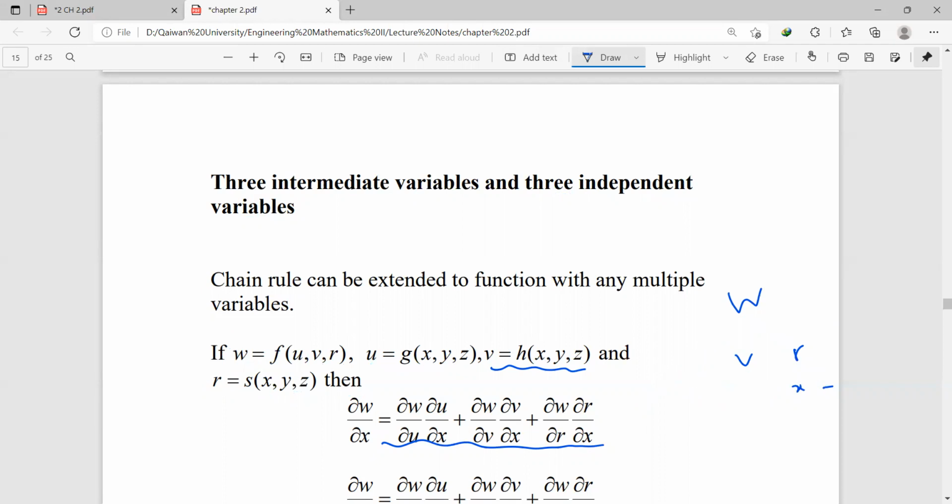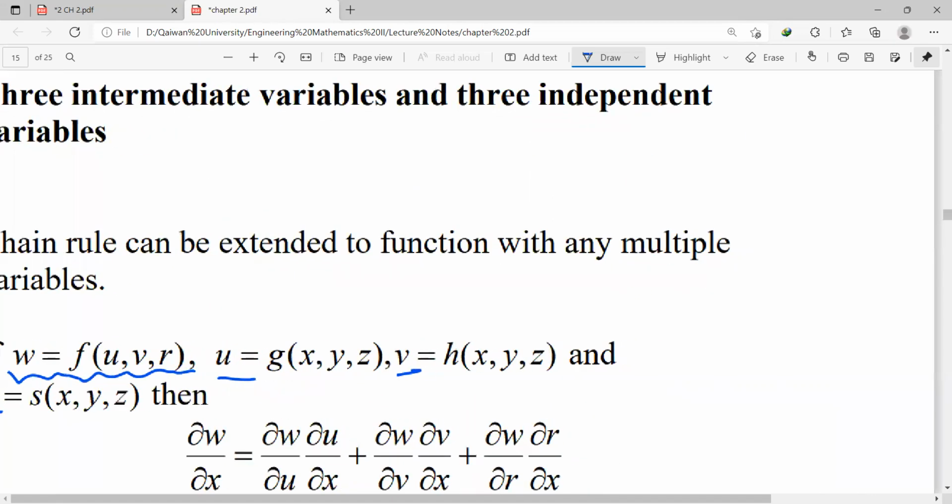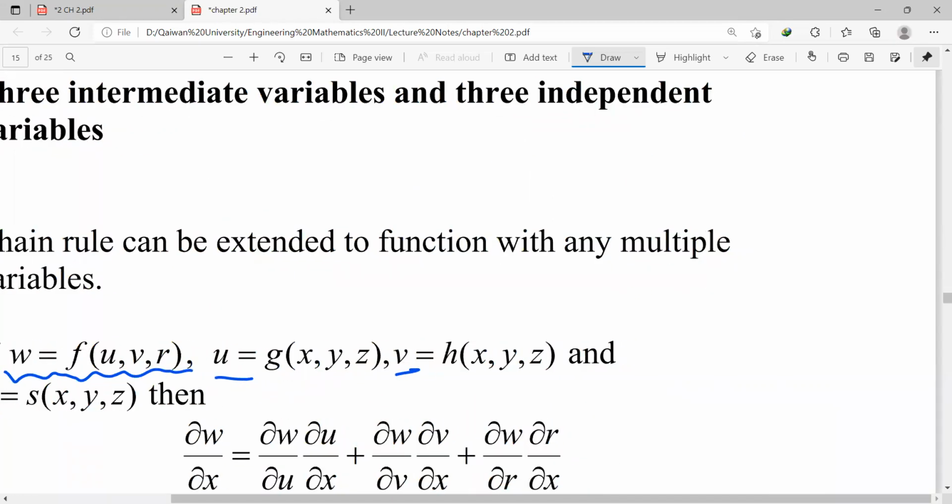Here, let W be a function f of u, v, and r, where u, v, and r are functions of x, y, and z. So W is a function of u, v, and r, and each of these intermediate variables is a function of x, y, and z.